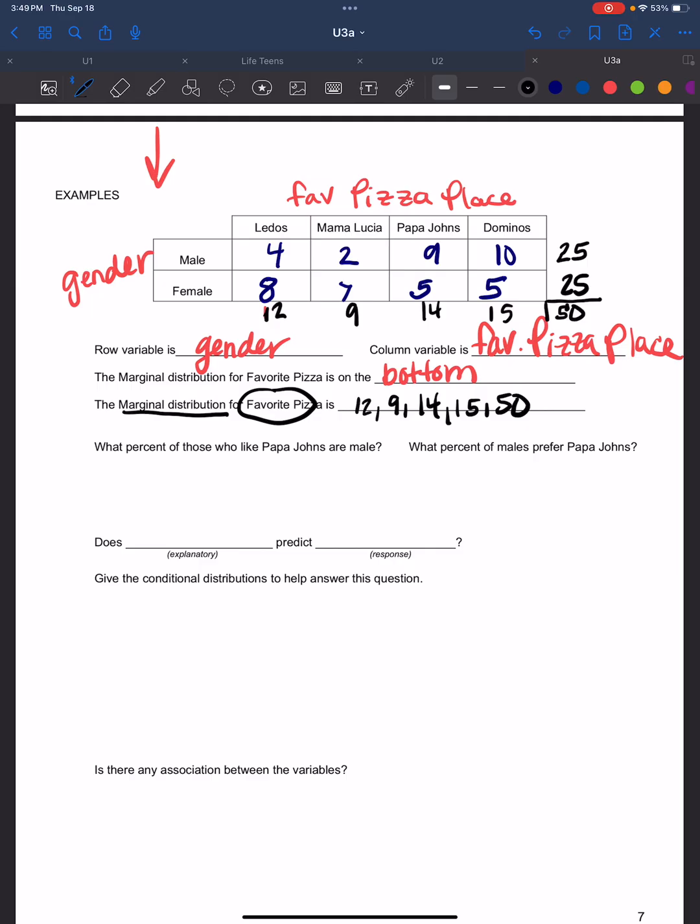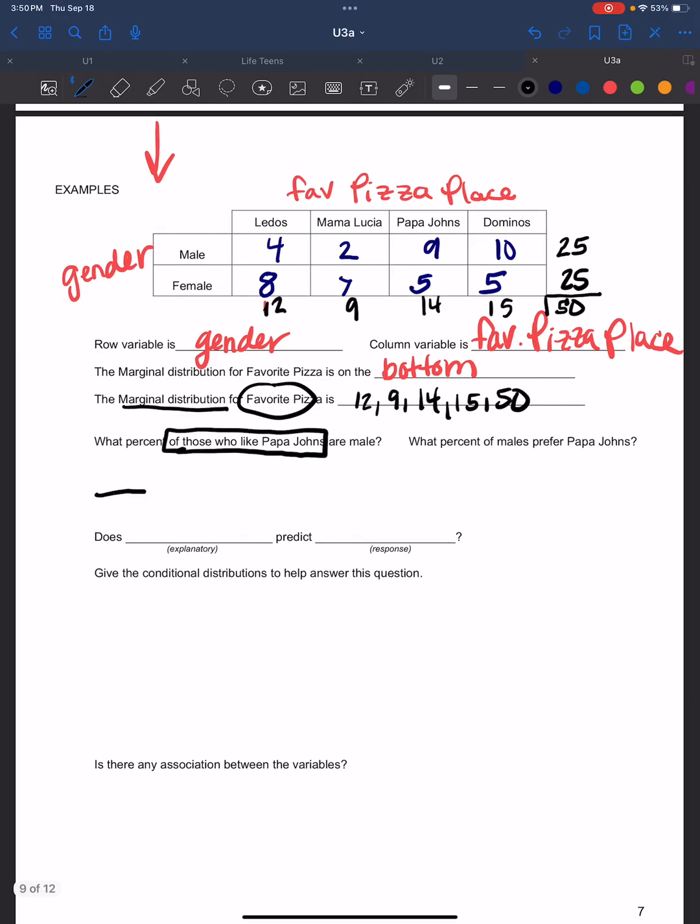So just to practice a little bit more, it says what percent of those who like Papa John's are male? Those are the only people we care about. If we look, we see the people that like Papa John's. Skimming across here, I see that there are 14 people that like Papa John's. Out of those 14, how many of them were male?